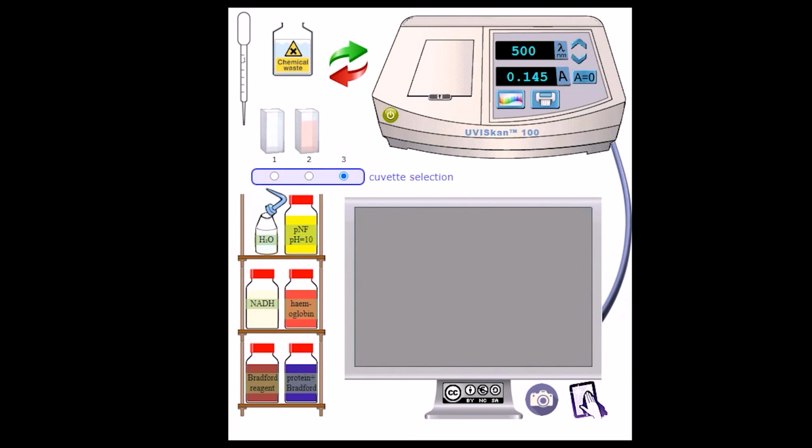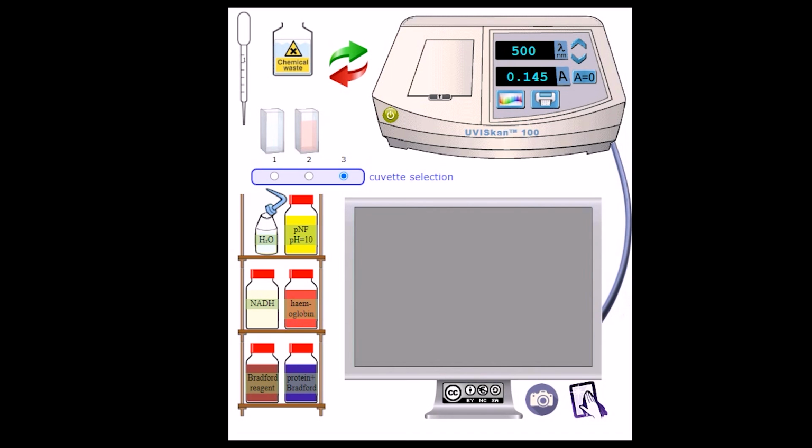And we're going to close, and the absorbance is more, with 0.145. And now that we have this, we can get the spectrum of the cuvette that has more concentration.